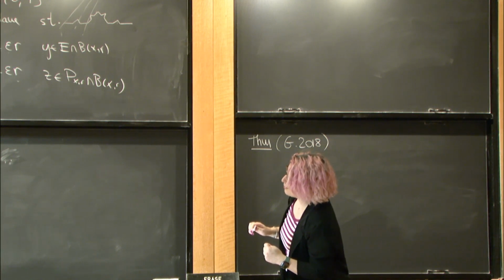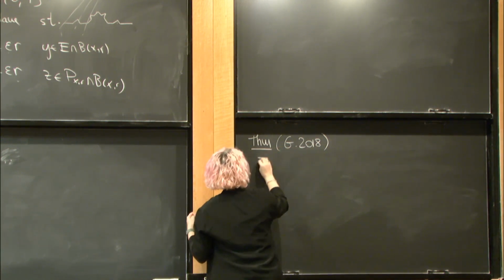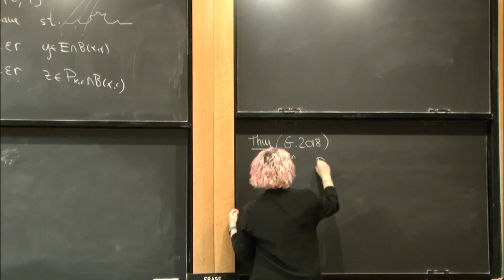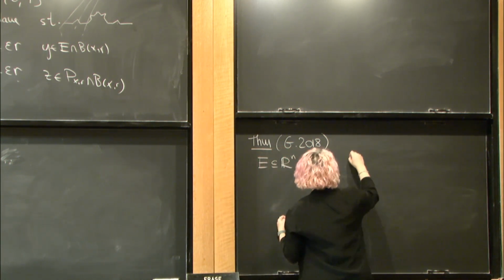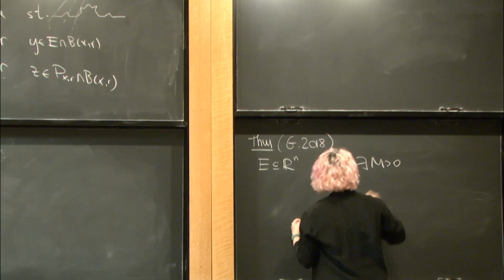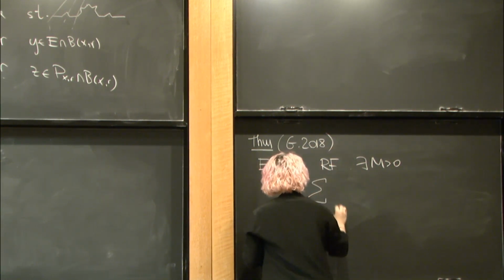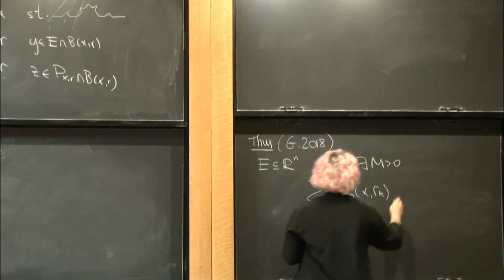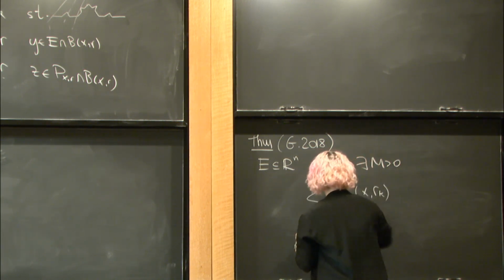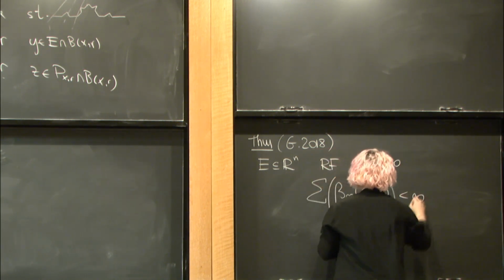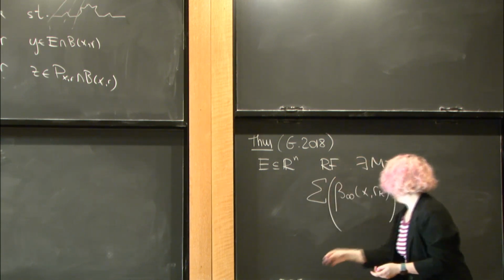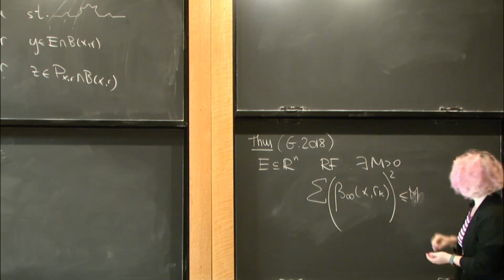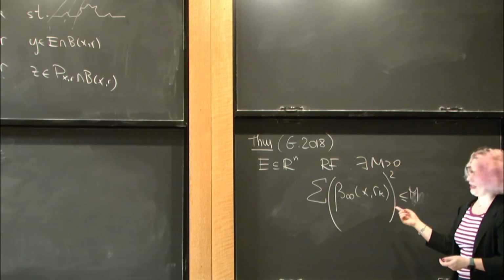Okay. So if you have an E in R^n, which is Reifenberg flat, and there exists M positive, such that... okay, so we learned that when this happens from the other theorem, then we get something Bi-Lipschitz.